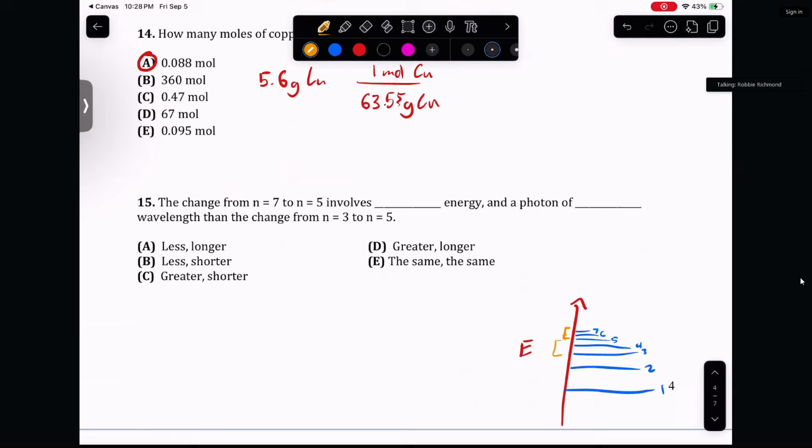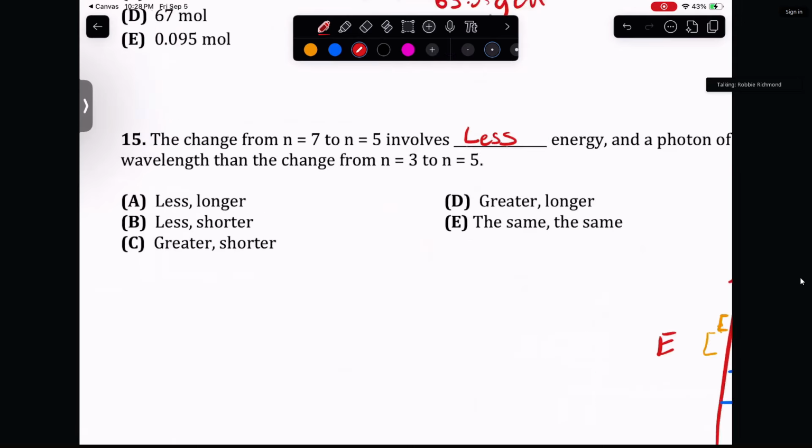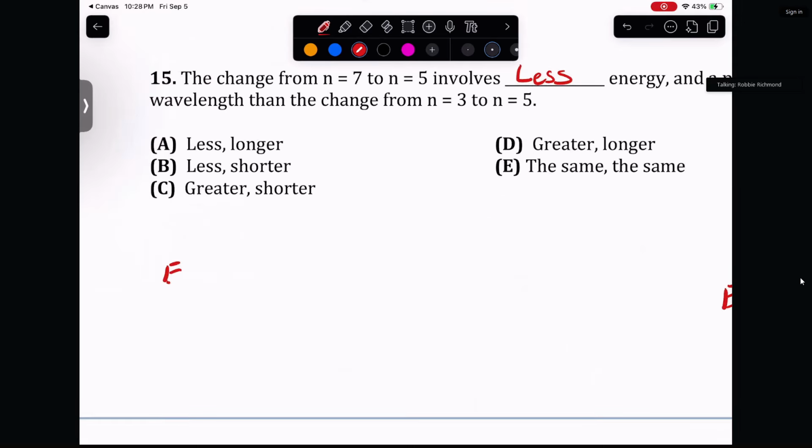So it's going to be a lesser change in energy. And also, remember the equation E equals h times frequency, which is hc over lambda.